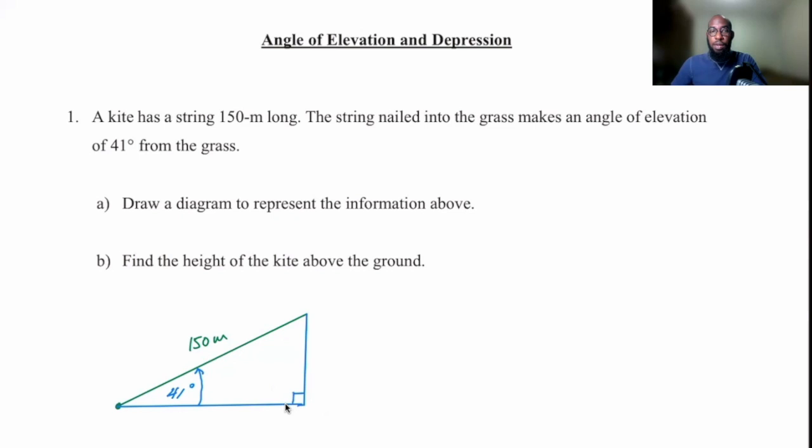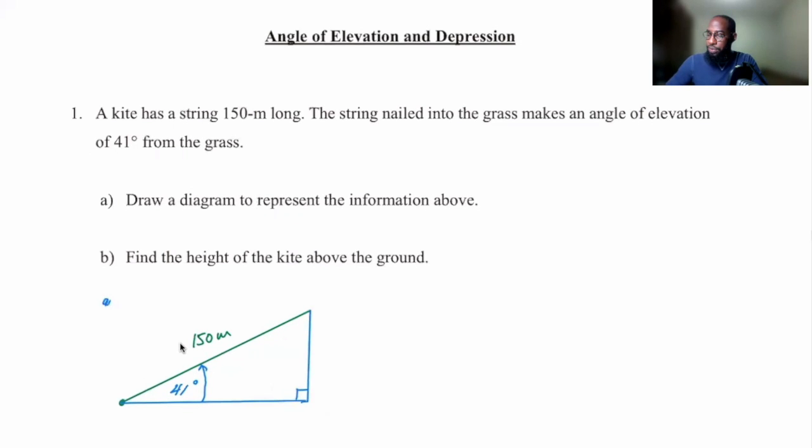So this here represents the diagram. This is part A, this represents the diagram. Let me make sure I'm not missing anything. We have 150, we have 41, nice. We have our triangle right here.